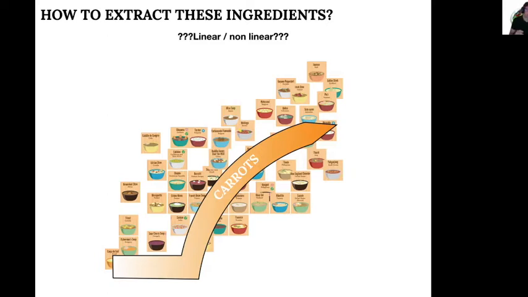And the debate into how to define those ingredients, whether we're talking about soup or brain regions, so we'll come to the brain very soon, is whether a linear model will be enough to extract all the information that we need, or do we need to push our model to nonlinear models? The great advantage of linear models is that they are simple, and you can do a lot of manipulation with them that you will not be able to do with nonlinear ones, because those are extremely complex.